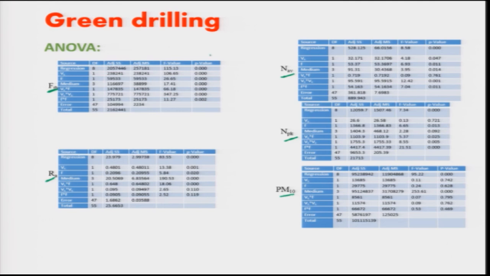As you know how to read the ANOVA table, we can see in these two ANOVA tables that speed, feed and medium of fluid application all significantly influence the force and roughness, because the p values here are less than 0.05, the 5% significance level we have put here. Regression models were obtained for force and roughness. Also we have the coefficient of determination for them.